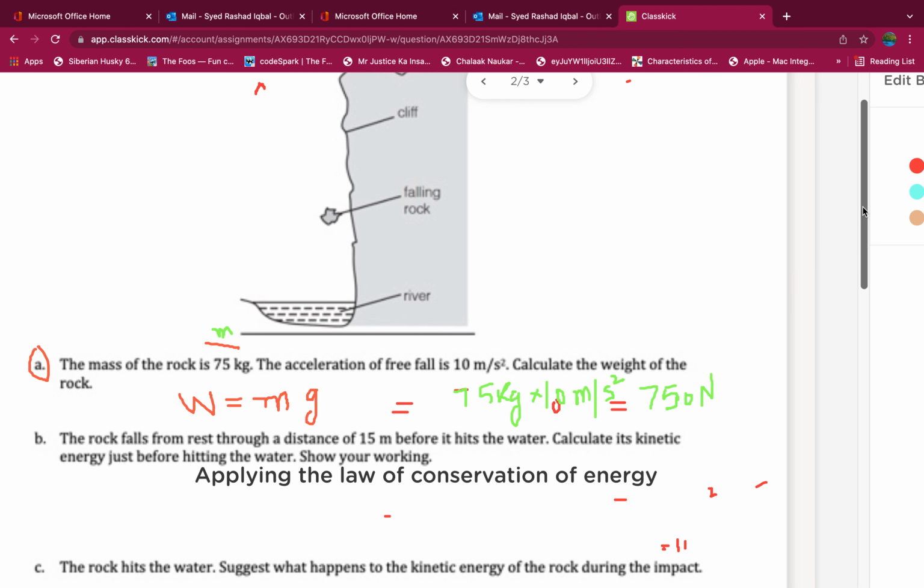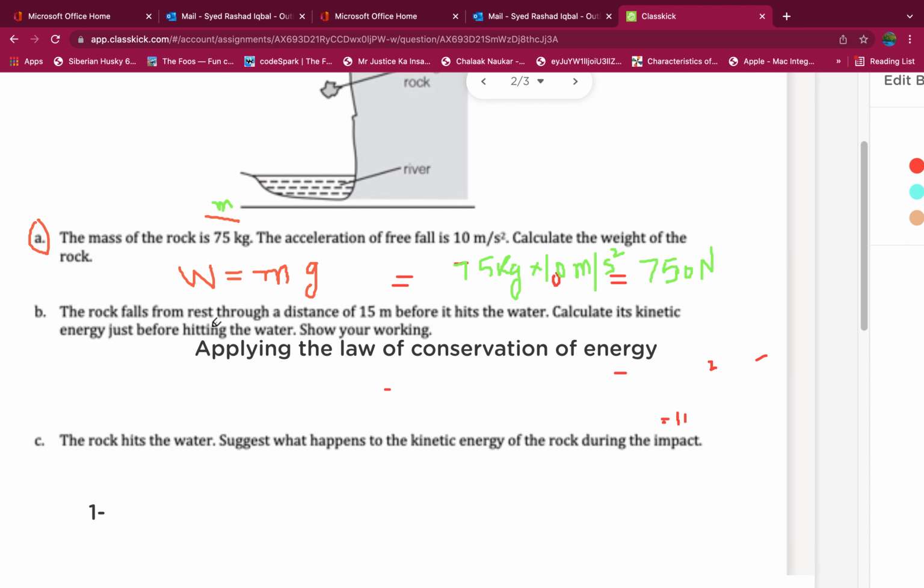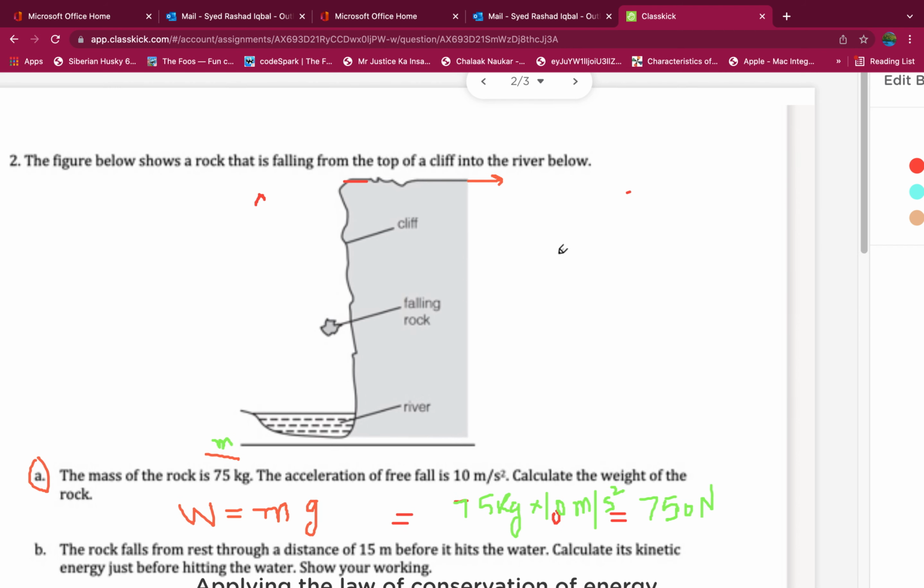Okay, second part: the rock falls from rest to a distance of 15 meter before it hits the water. So what is the height that it falls? This height is 15 meter. Whenever it is at the height, what energy does it have? Gravitational potential energy.